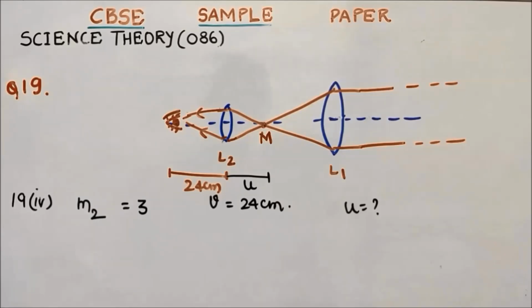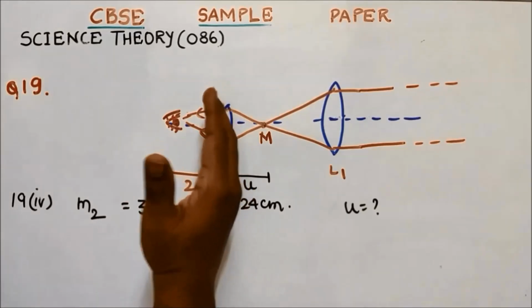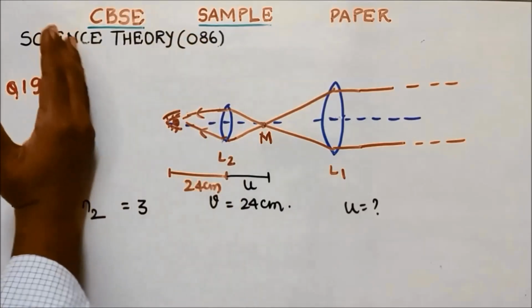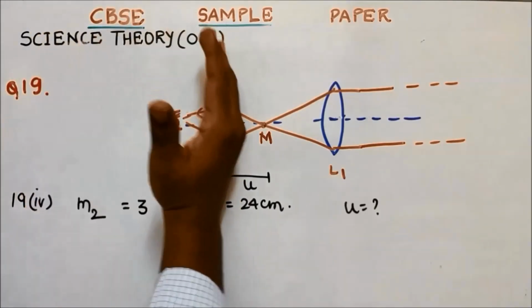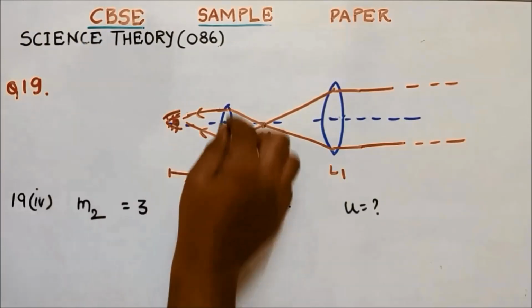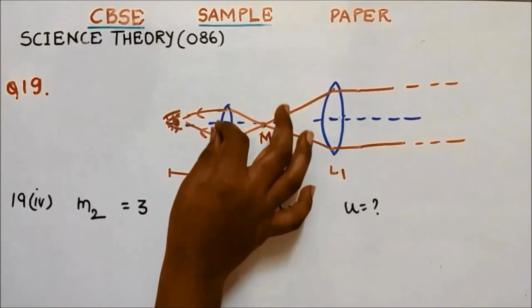First of all, what shall I take here? I am taking the same conventions: if I am measuring image distance on the left hand side, then I have to measure from the optical axis, right?